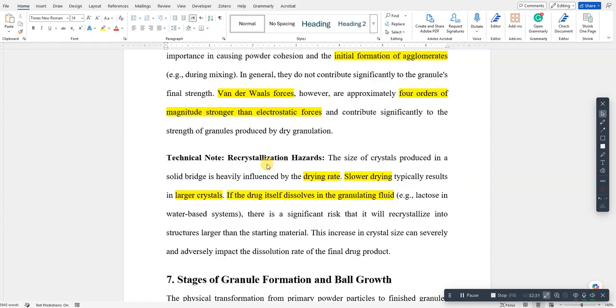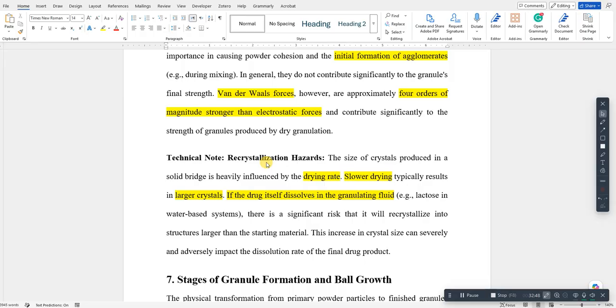And if these crystals are large, this will cause low dissolution of the unit dose or of the granules, and this will cause, of course, lower absorption rate. So you have to pay attention to that.